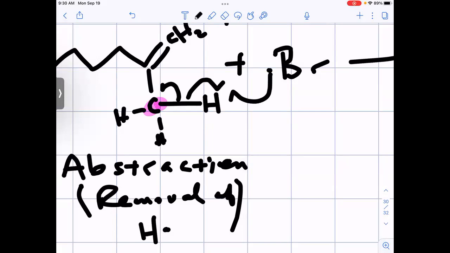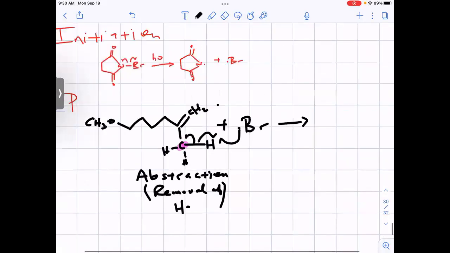Everything is one electron each. So when we're in this propagation step of a radical chain reaction, this is what's happening on every hydrogen that's reactive enough for bromine to remove it.